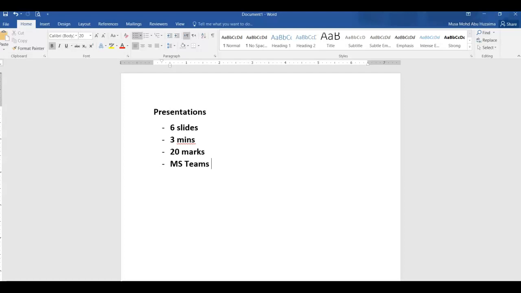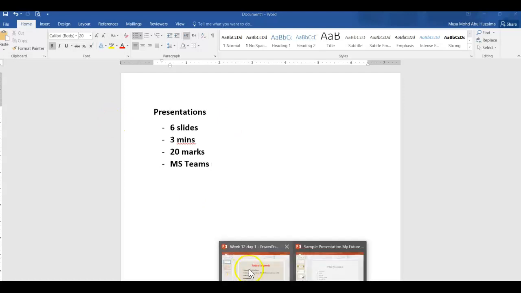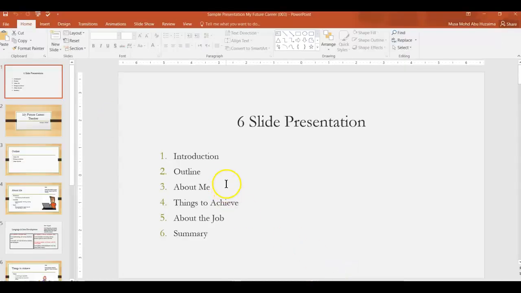You need to choose a job in the future, and you need to use what you learned in today's lesson and what you will learn in next lesson to compose slides if you want, practice, and then get ready for the presentations in week 14. Okay, so have a look at this as an example.